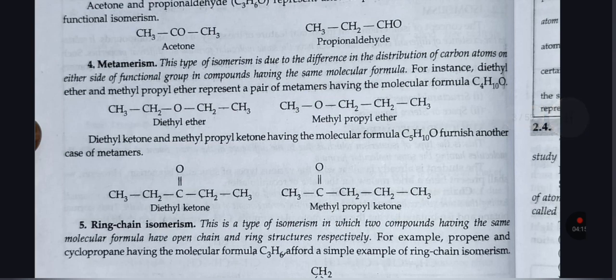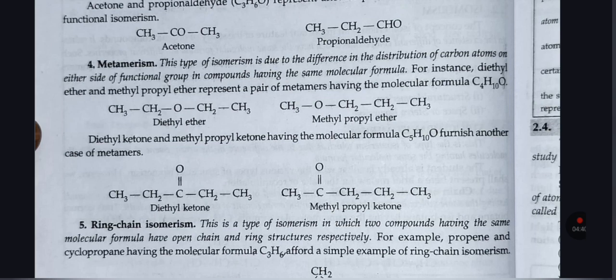Metamerism. This type of isomerism is due to the difference in the distribution of carbon atoms on either side of the functional group in compounds having the same molecular formula. For instance, diethyl ether and methyl propyl ether represent a pair of metamers having the molecular formula C4H10O.